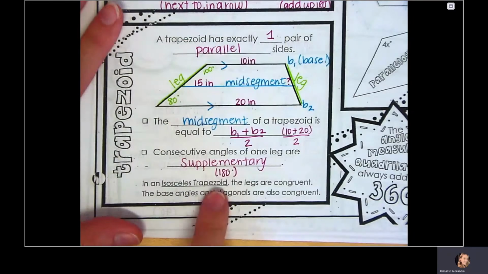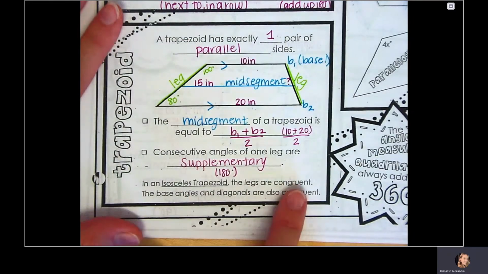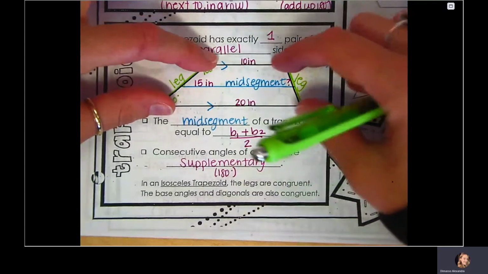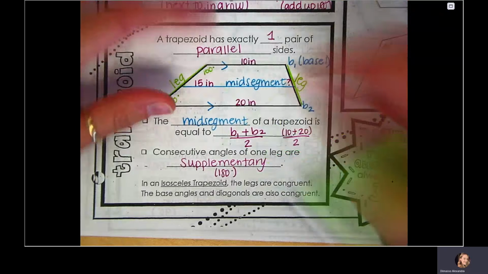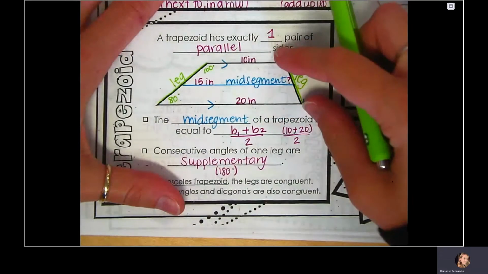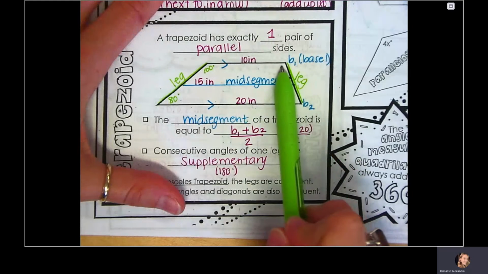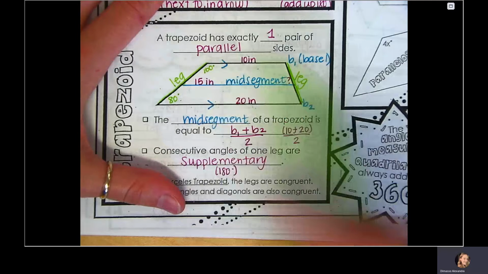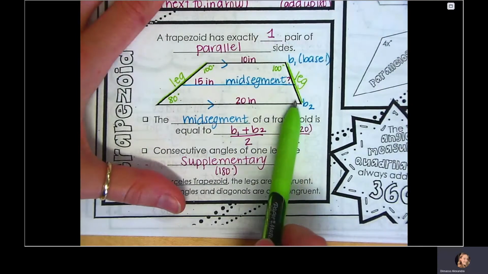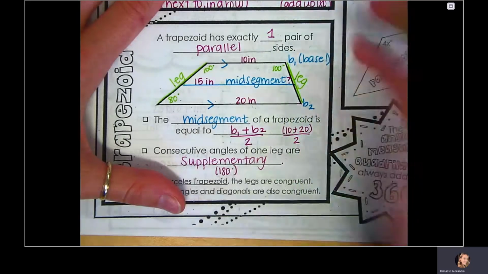In an isosceles trapezoid, the legs are congruent. That means these angles and these side lengths would have to be the same as these angles and this side length. So if I just essentially take this and flip it over to this side, what would this angle on top be? It would be the same as this one, which is 100. And then what does that mean this angle down here would have to be? 80 degrees. Good.